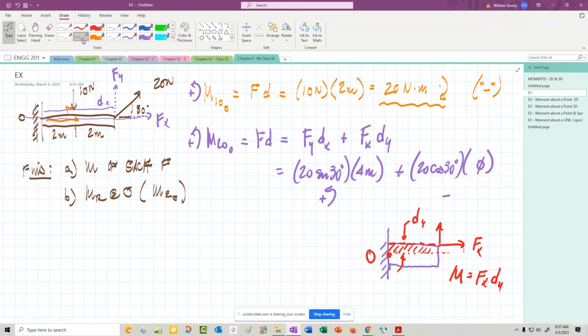However, if the force pulls straight through, like in this orange one, there would be 0 moment set up.